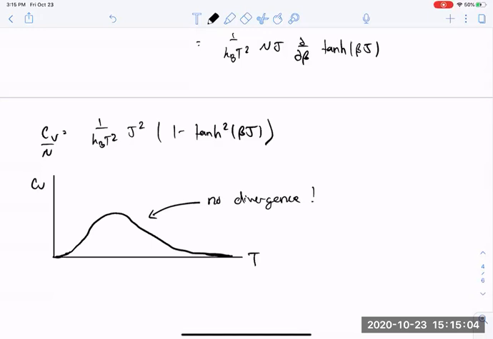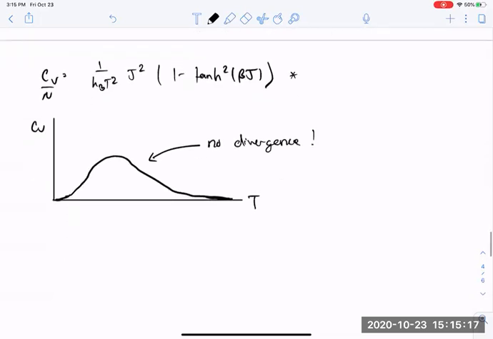Indeed, there's no place in this equation that is singular. So this certainly looks like our Ising model is not the model we were hoping for. Not the model that we can use to uncover the rules of broken symmetry, the ideas of universality.